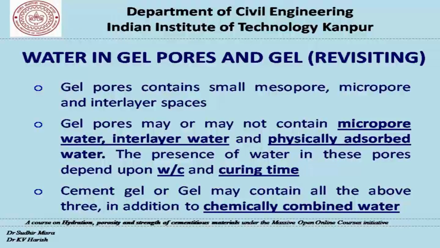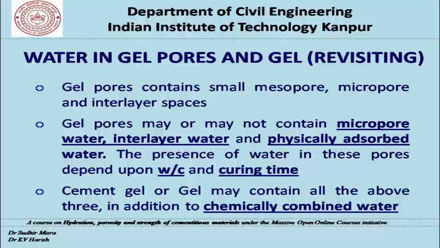The presence of water in these pores primarily depends on the water to cement ratio and curing time. And remember that wherever curing time comes into the picture, you will also have alpha, which is the degree of hydration, for the simple reason that degree of hydration is directly proportional to the curing time.